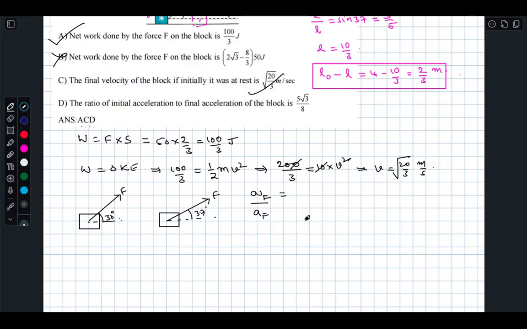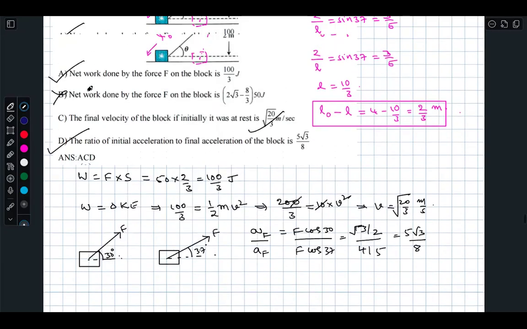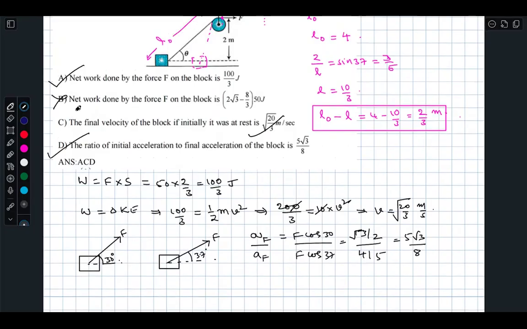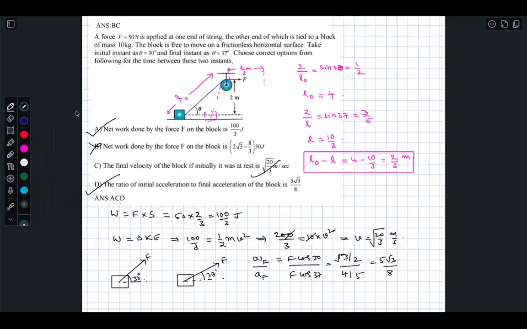Even F is also constant. F cos 30 by F cos 37. Root 3 by 2 divided by cos 37, which is 4 by 5. This is 5 root 3 by 8. Absolutely correct. Any doubt in this question, boys and girls? Sure? Right.